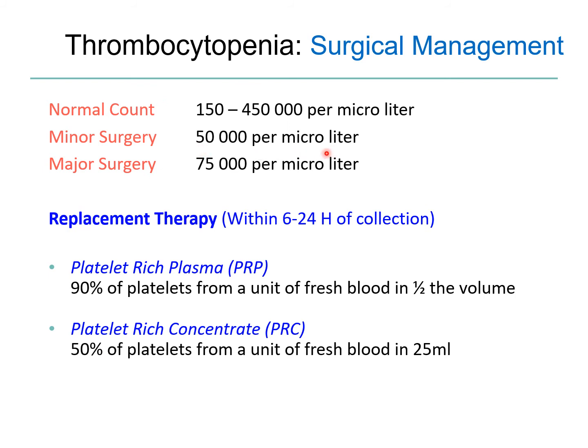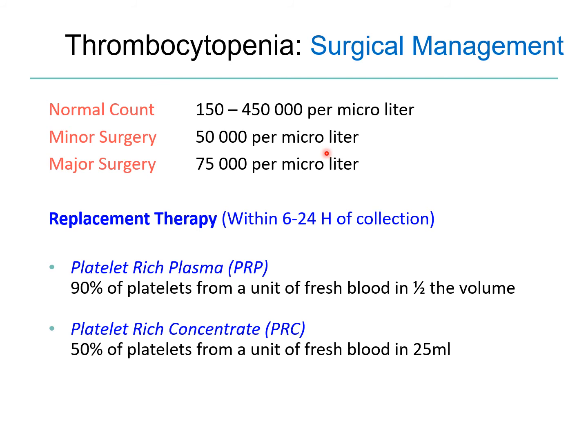So if you have a patient with a history of thrombocytopenia, the first thing you need to do is liaise with their GP and get their most recent platelet counts. And as long as they are above 50,000, you can carry out simple dental procedures and minor oral surgical procedures such as tooth extractions under local anesthesia.